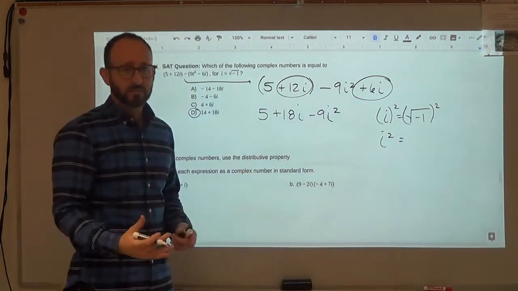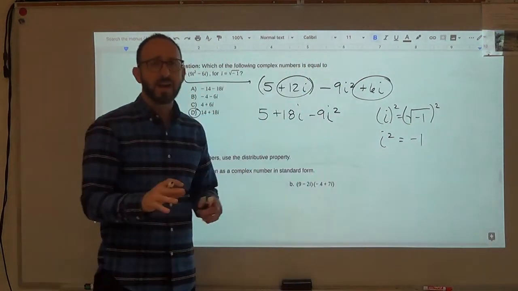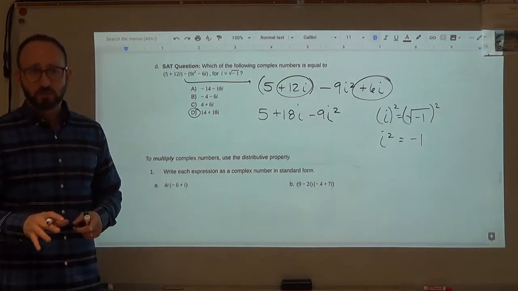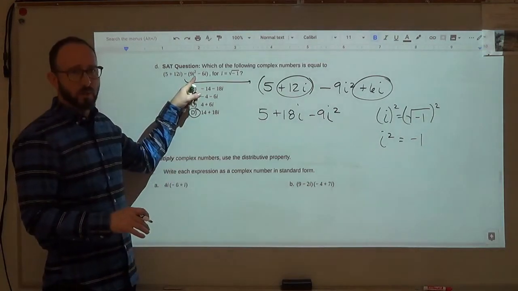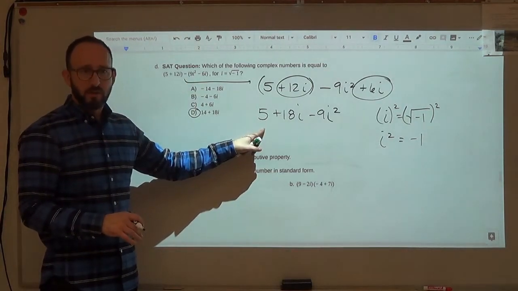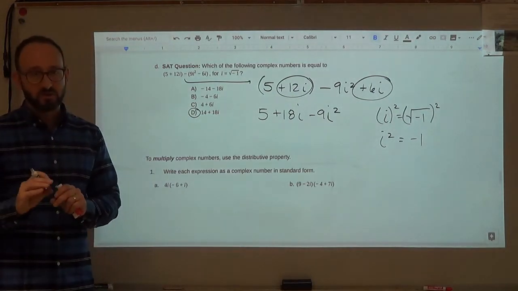What's the right-hand side? Negative 1. So anytime we see an i squared, we can always replace that with negative 1. All aboard with that? You could have done that in the initial step up here if you wanted to as well. You don't have to wait until this part of the process. But it has to be i squared that we're replacing with negative 1, not just i.